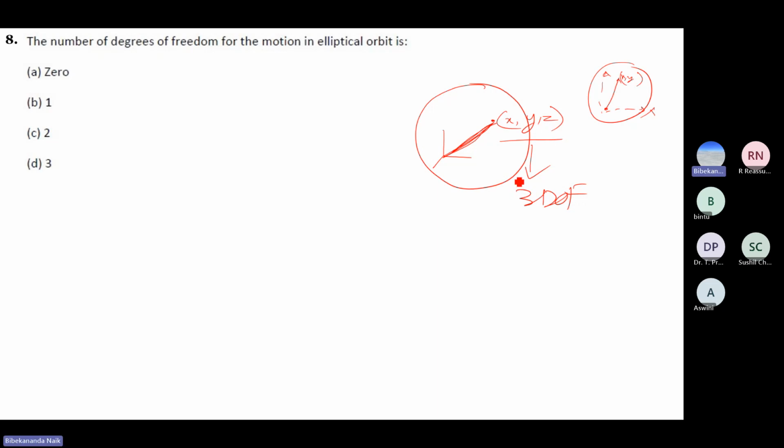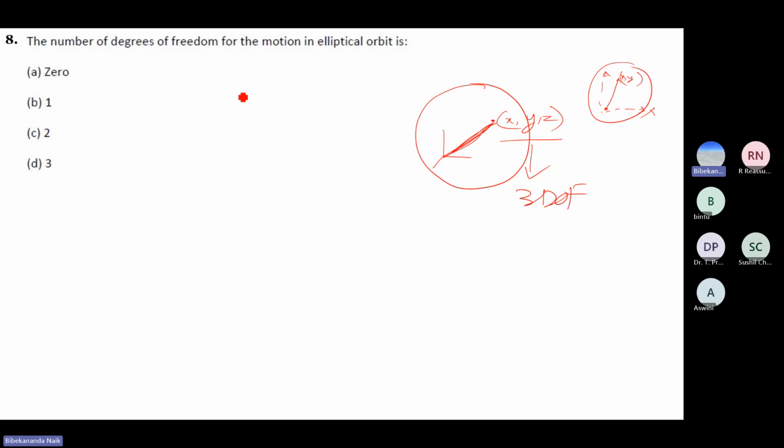So we always need 2 coordinates when explaining motion in a 2-dimensional space, that is a plane. Similarly, in 3 dimensions there will be 3 coordinates, x, y, and z. But here the question asks what will be the number of degrees of freedom for the motion in elliptical orbit. We will talk more about the degrees of freedom.